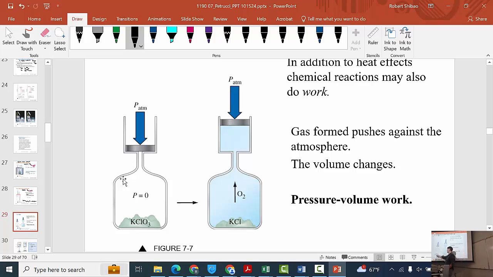So this is KClO3, which is called potassium chlorate. And we heat it up. I'll throw in some catalyst in there and heat it up. So right now they're saying the pressure is 0. This is a vacuum, I guess. And what's going to happen is when you decompose this, you're going to form oxygen gas.